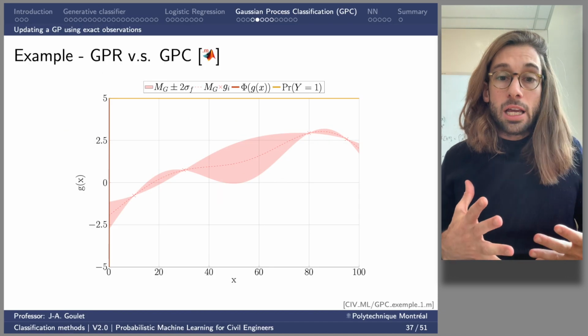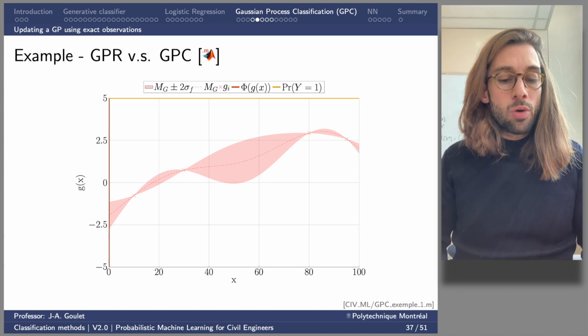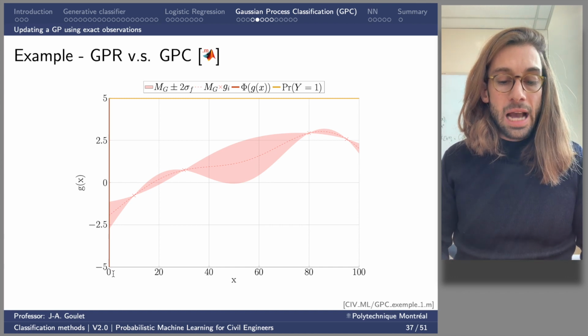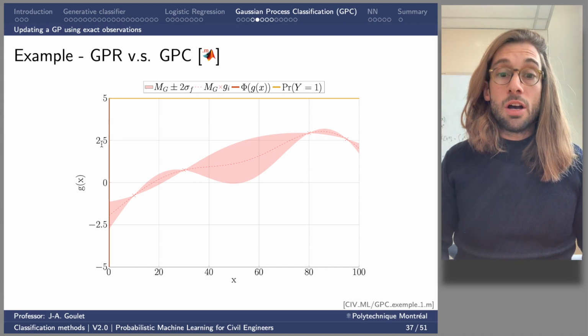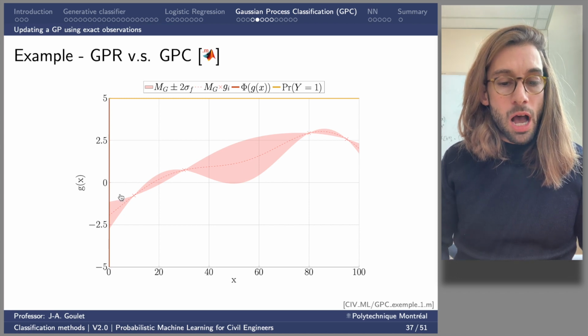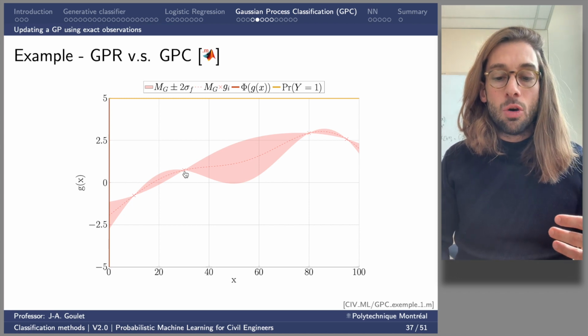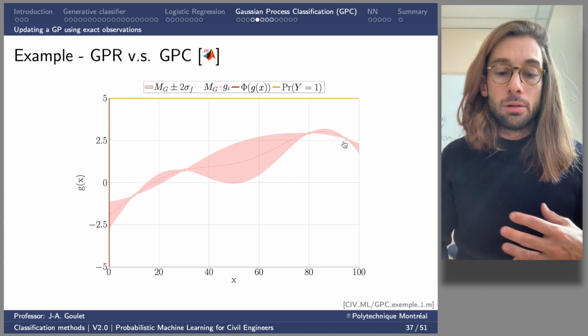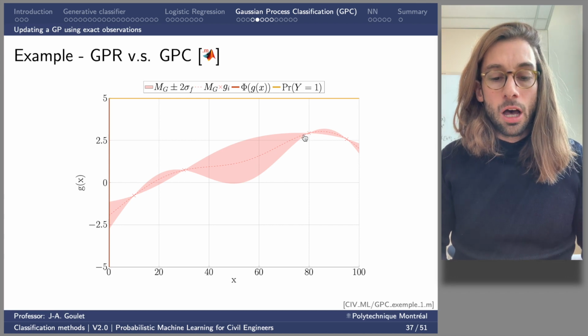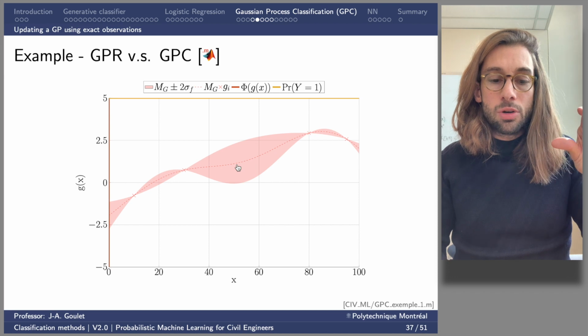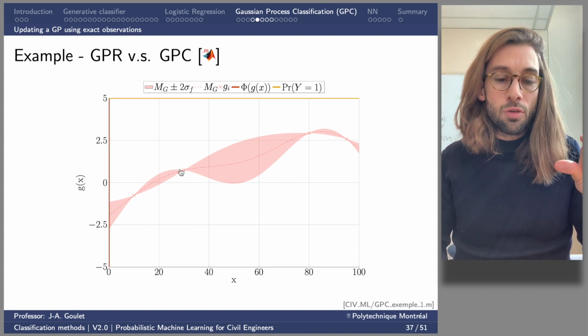How would it look in practice? It looks somewhat like this. On the horizontal axis we have x, the covariate value, and the vertical axis is g of x, or system response. Here the red cross represents the actual value where we have observed our process. At values of x where we only want to predict, we have uncertainty that increases, because here we're far apart from the observed location.